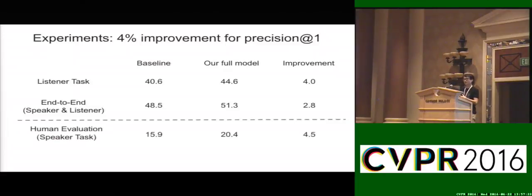We also conducted human evaluations on Amazon Mechanical Turk. It shows that 15.9% of the sentences generated by the baseline model are considered better than or equal to the ground truth one, while our full model gets a score of 20.4%, which is 4.5% over the baseline model.